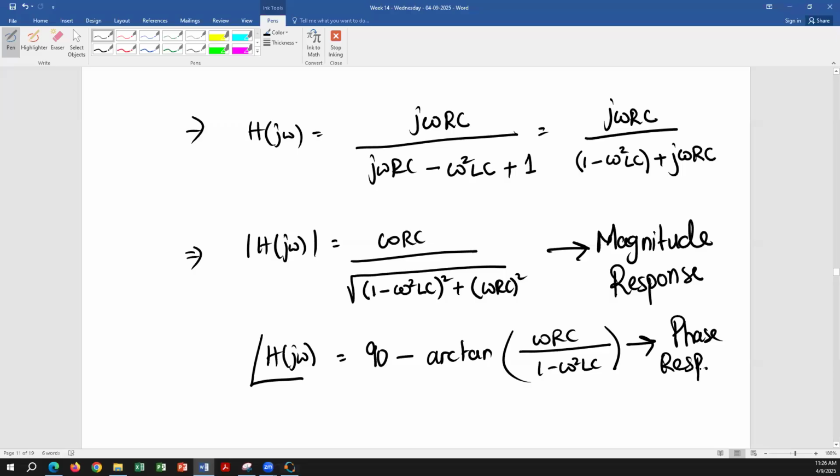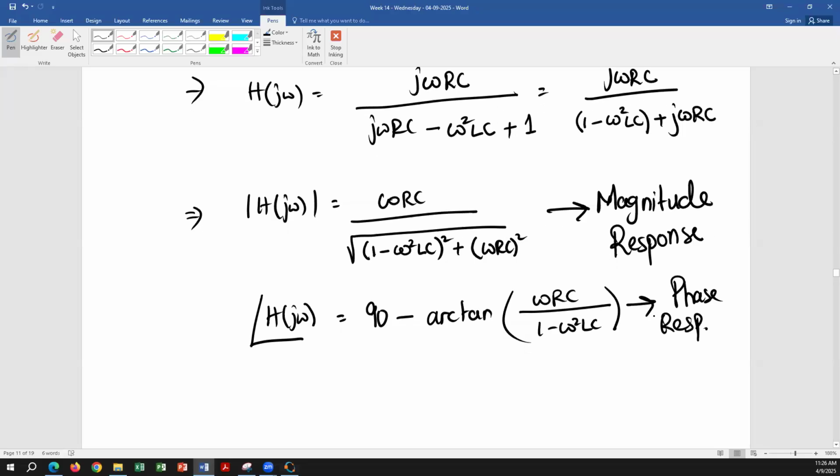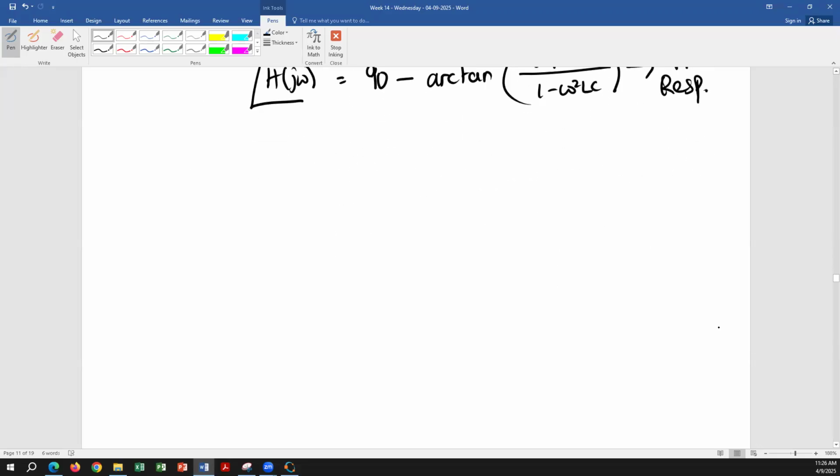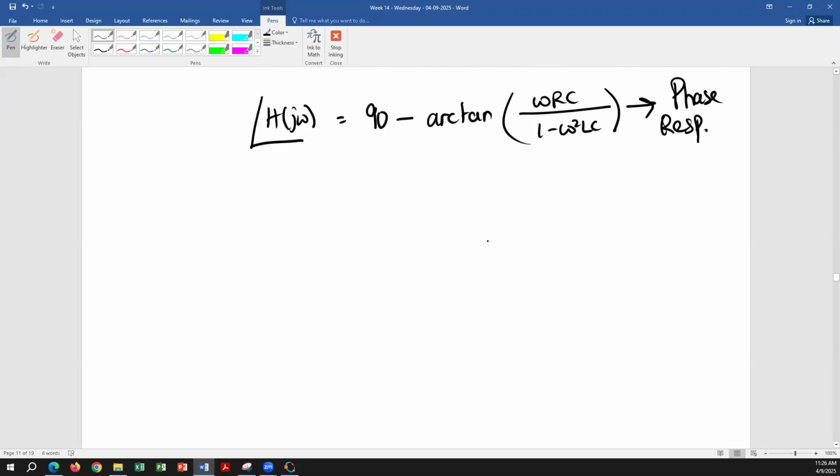Right. So we're going to continue this, but before we leave, we have about 5 minutes. I want to draw the response curves for an example. So let R equal 10 kilo ohm, L equal 50 millihenry, and C equal 1 nanofarad.